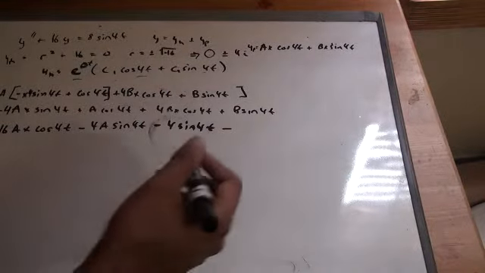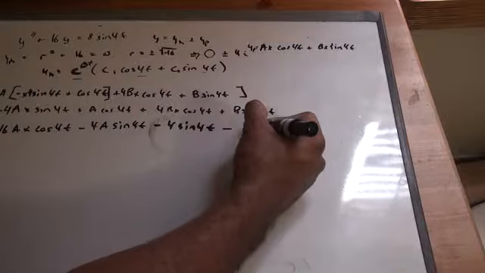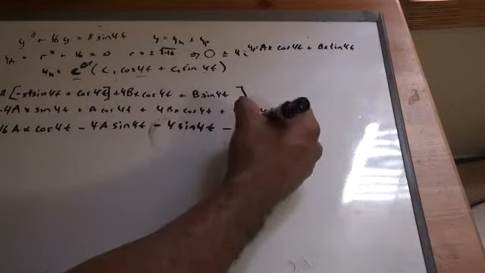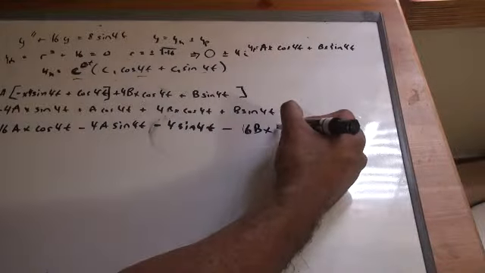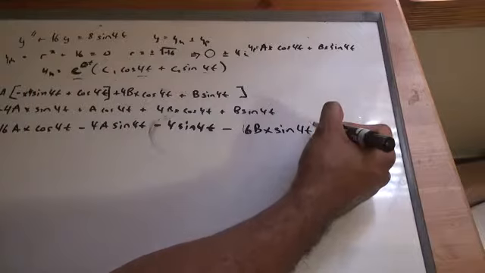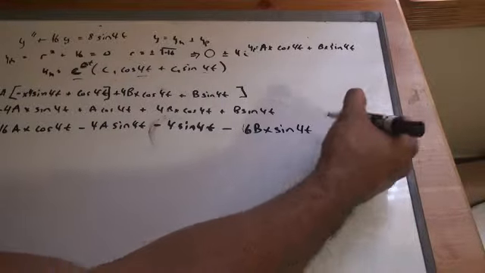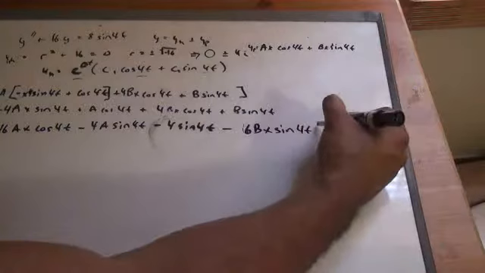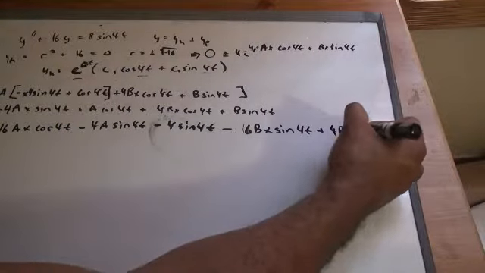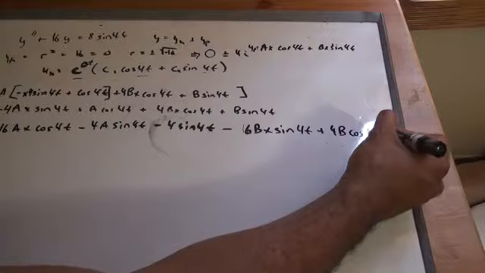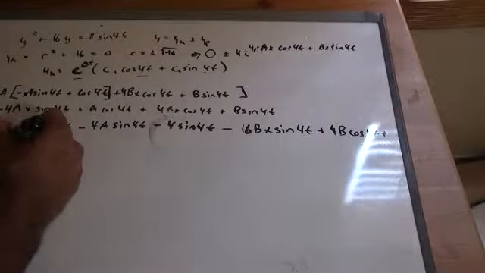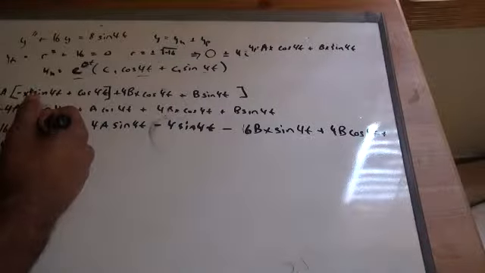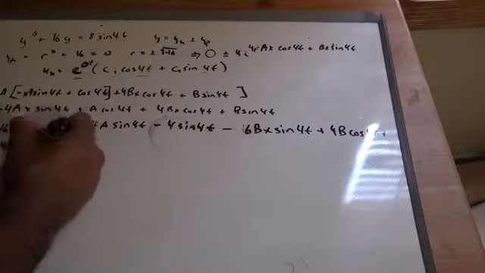The derivative of cosine is negative 4 sine, so 4 times 4, 16b, and x stays there, x sine 4t. The derivative of x is 1, so plus 4b cosine 4t plus the derivative of sine is going to be 4b cosine 4t.